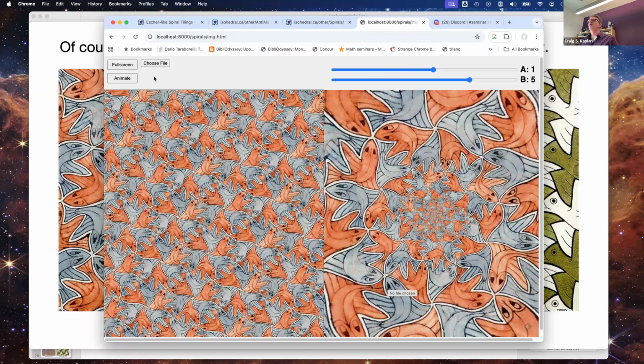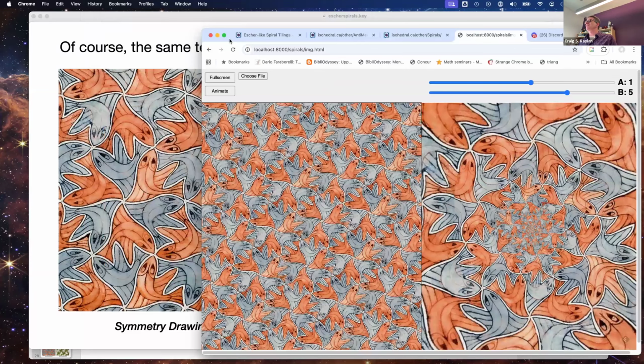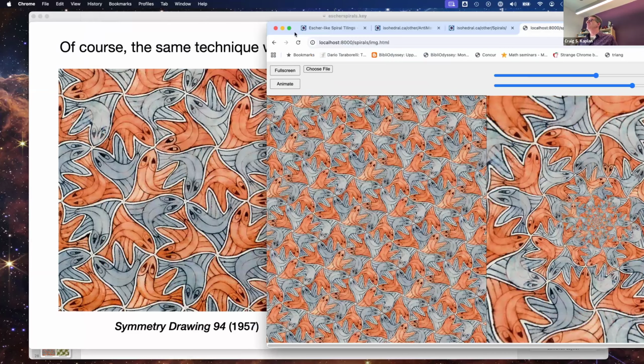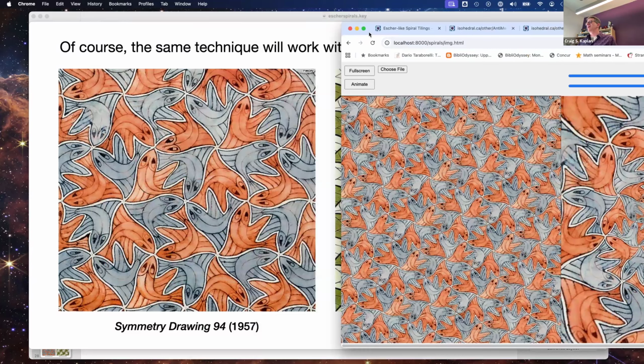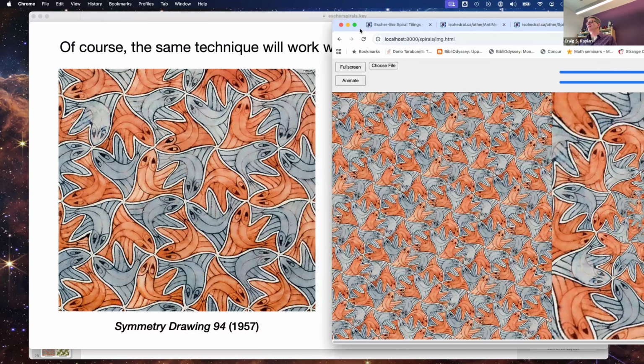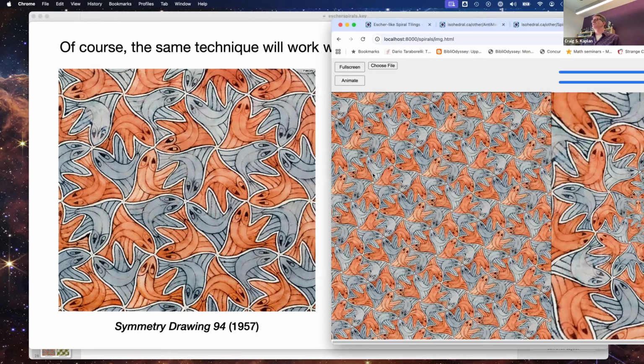So I just cut out one translational unit from this Escher tiling, and it's approximate, but it's a nice old trick that allows you to apply this process to any Escher tiling that you want, as long as his drawing has at least one complete translational unit.